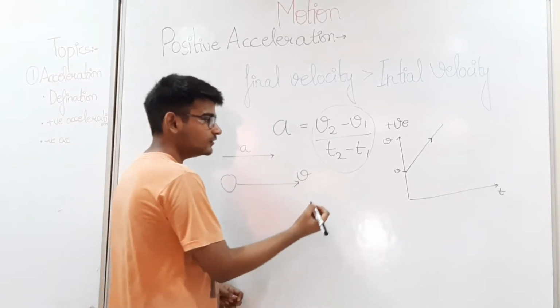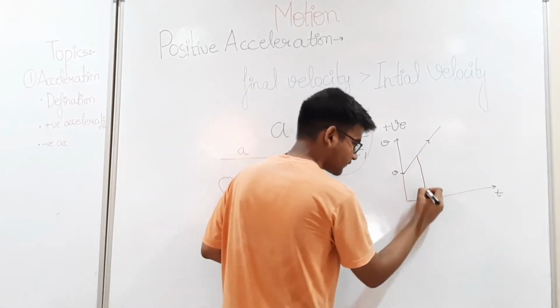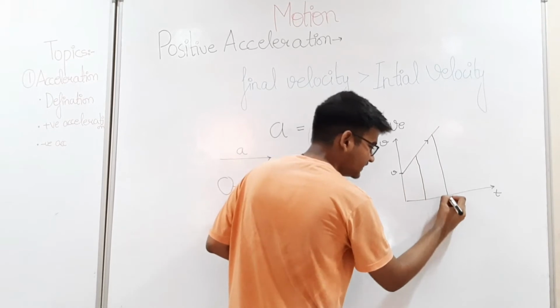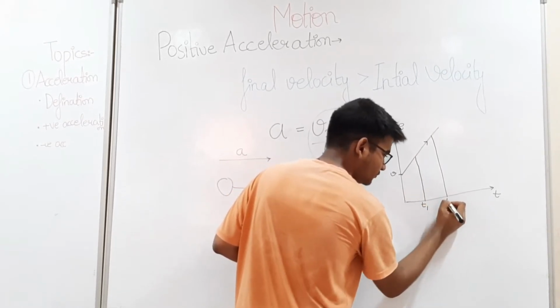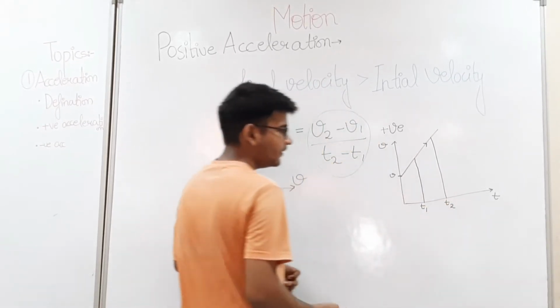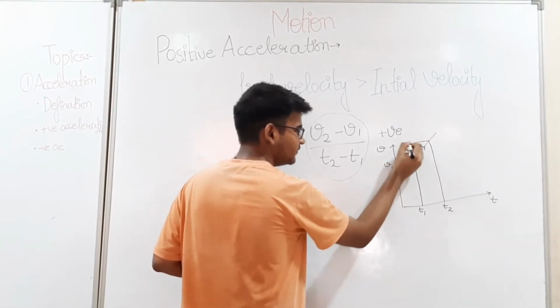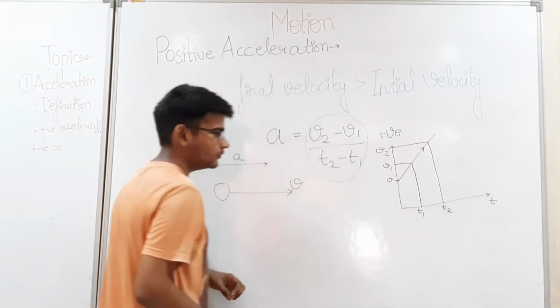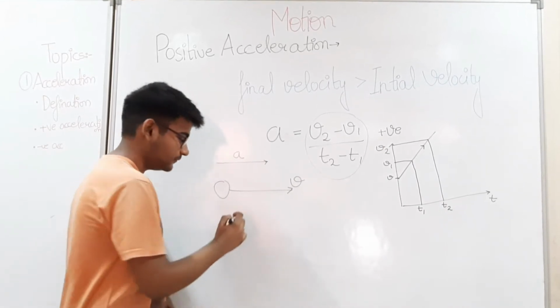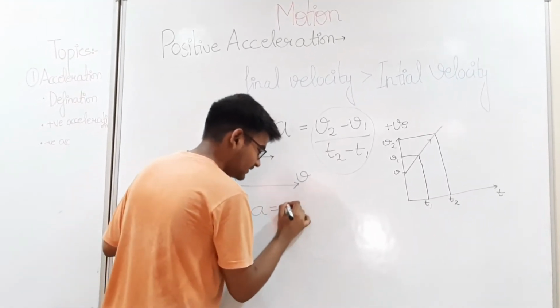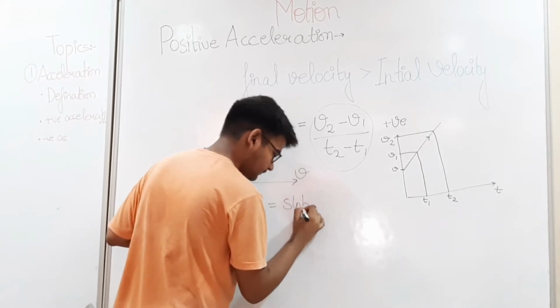We can also see from the graph, in the time interval t1 to t2, this is v1 and this is v2. The acceleration will be the slope of this line.